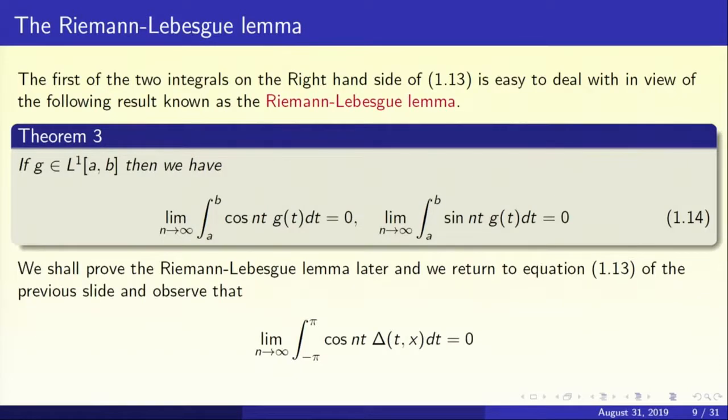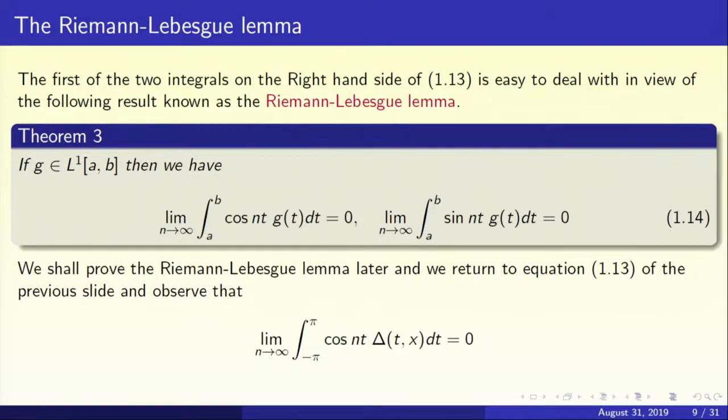The Riemann Lebesgue lemma says that if g is in L1 of [a, b], then the limit as n tends to infinity of the integral from a to b of cosine nt g(t) dt is 0, and the limit as n tends to infinity of the integral from a to b of sine nt g(t) dt equals 0.